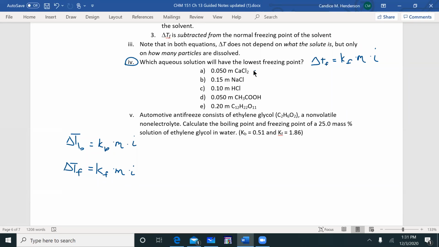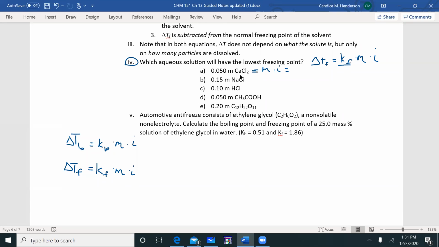We don't need to take into account the Kf, because if we're dissolving in the same solvent for all of these, that will be the same for all. So we really only need to look at our molality times our i value, and whichever one has a higher molality times i is going to have the bigger change, or the lowest freezing point.